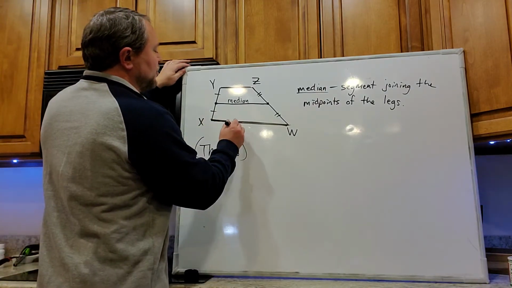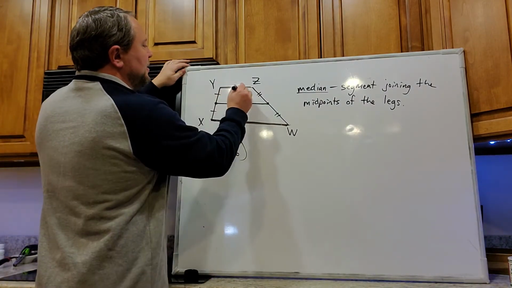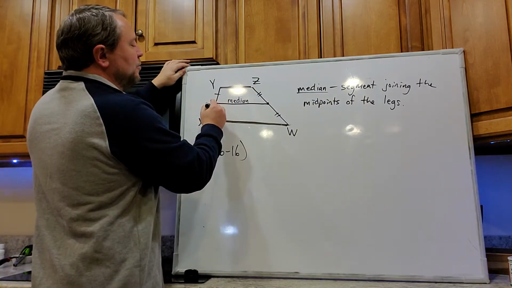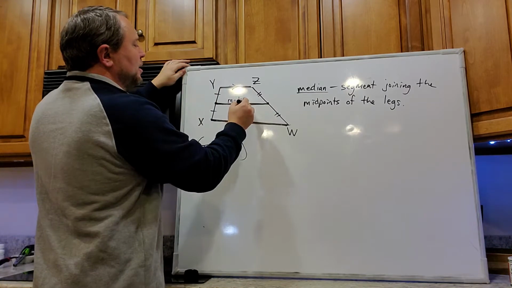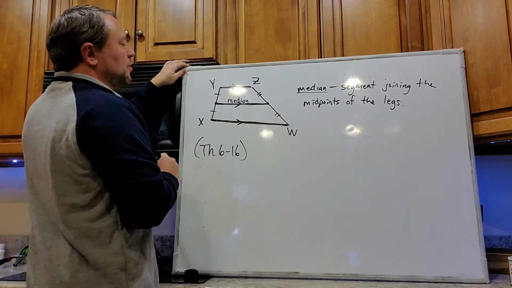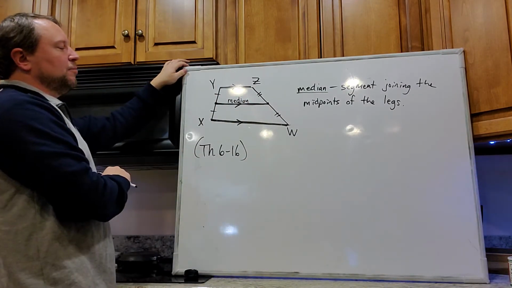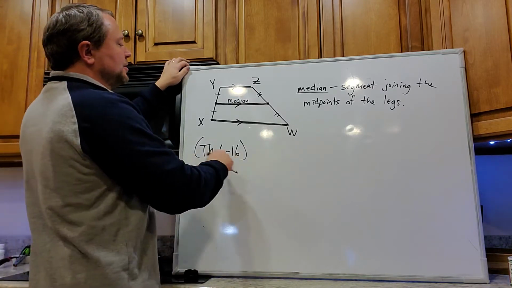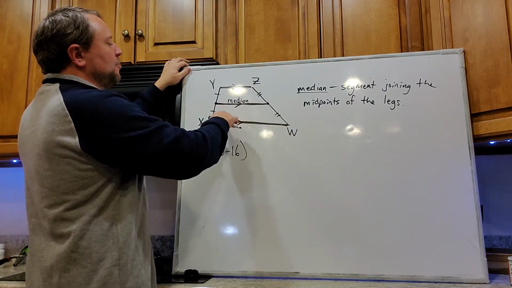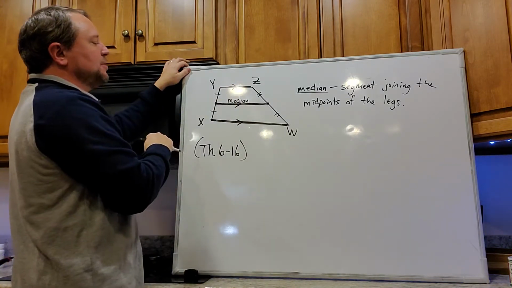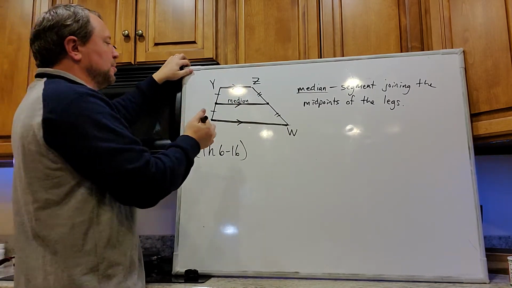Your gut instincts might be kicking in at this point. You might notice, for example, that the top and bottom run parallel, and when you join those midpoints, this segment will run parallel as well. So according to theorem 616, when you create that median, it'll be parallel to the bases that were already parallel in the first place.